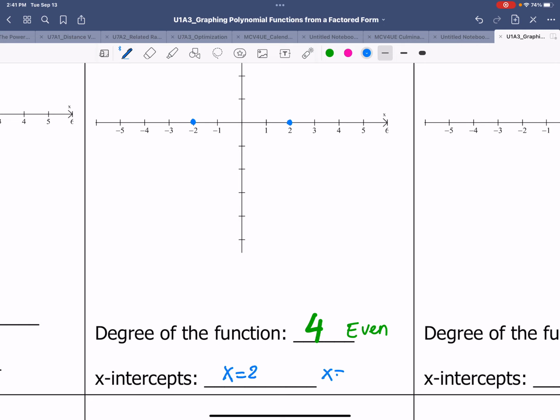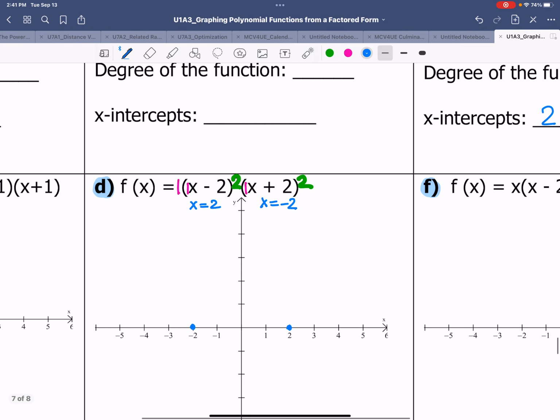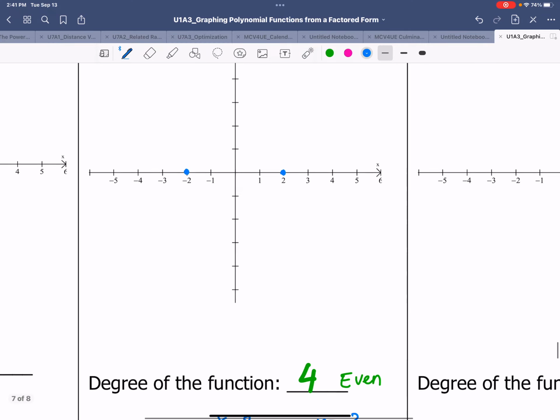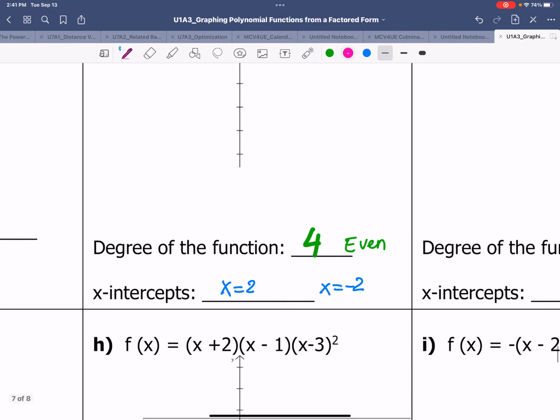And x equals negative 2. And we're going to also add that both roots or both x-intercepts are of second order. That's because they come from factors brought to the power of 2. So that's second order. And the other one is also second order.